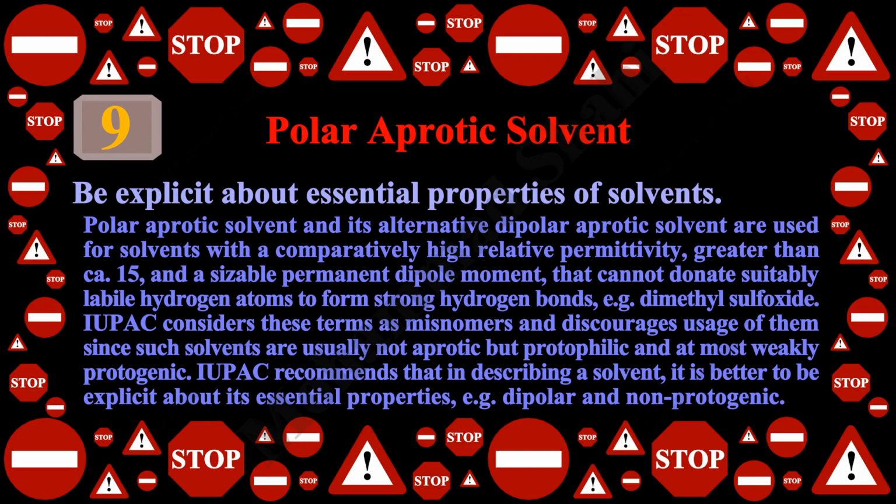IUPAC considers these terms as misnomers and discourages usage of them, since such solvents are usually not aprotic but protophilic and at most weakly protogenic, where a protogenic solvent is capable of acting as a proton donor, an aprotic solvent is non-protogenic in a given situation, and a protophilic solvent is capable of acting as a proton acceptor.